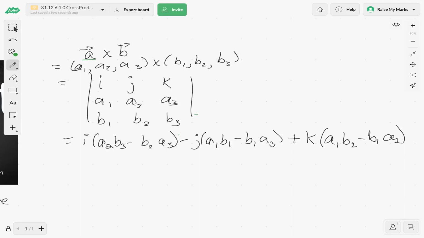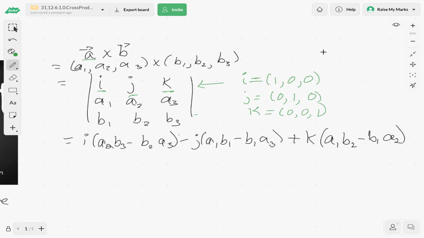It's more than just a box of numbers, because the i, j, and k actually represent something, so in this case it's a box of symbols and numbers. The last two lines are numbers, the coordinates of our vectors A and B. The first row, the i, j, and k, represents our unit vectors for R3, but for now we just leave them as i, j, and k.